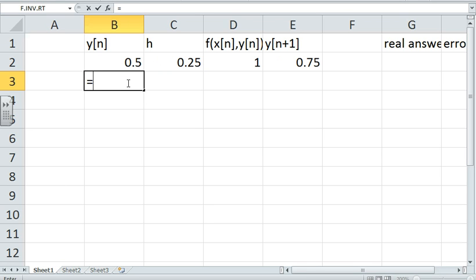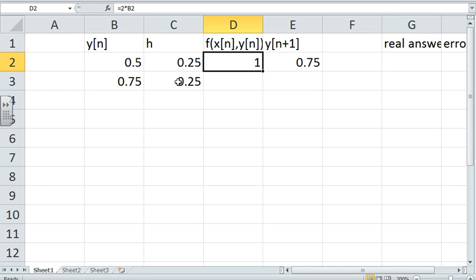And then this is going to be e2, because we're going to take the value we had there. This is going to be c2. We're taking the value we have there. And here, what do we want this to be? Did we put the right thing there? Yeah, 2 times b2, right? So we can just copy these other two.